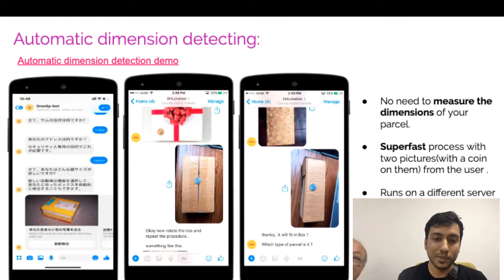Mostly the function to split the whole photo into the matrix of pixels is already given to me by the OpenCV library. Then I wrote the coin detection, finding the ratio, and finding the actual size. All that was written by me.